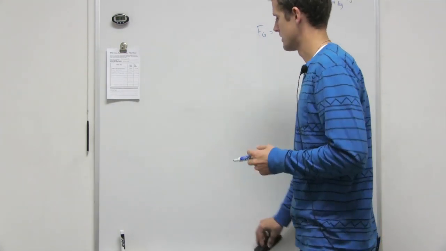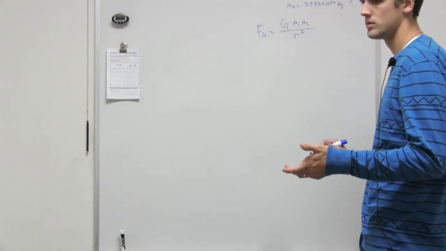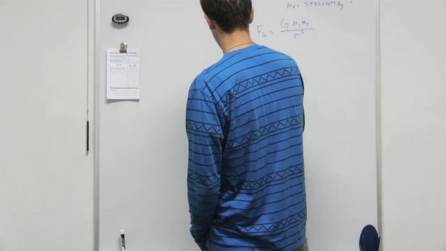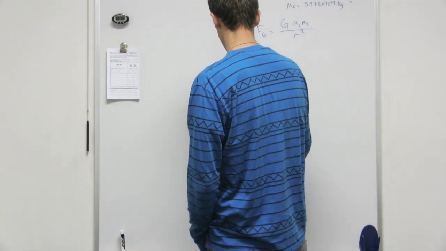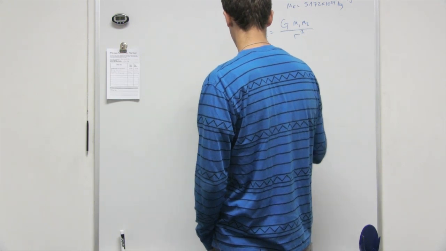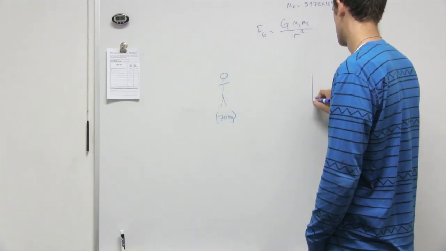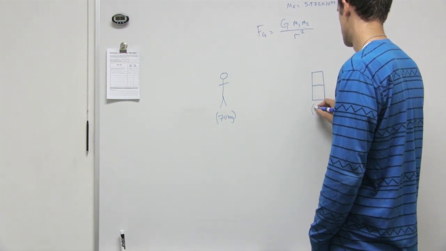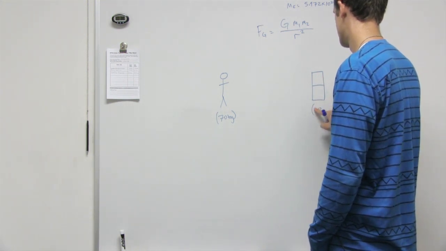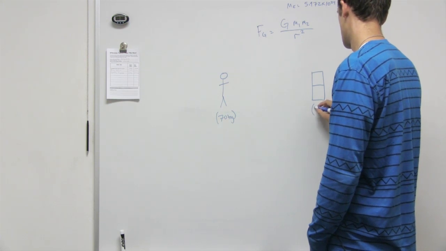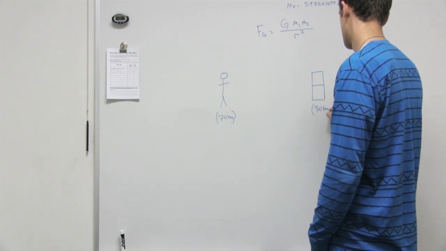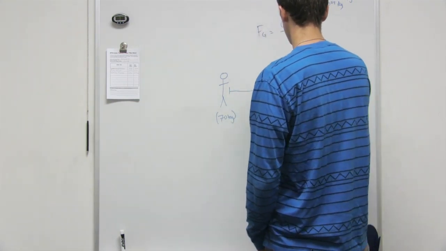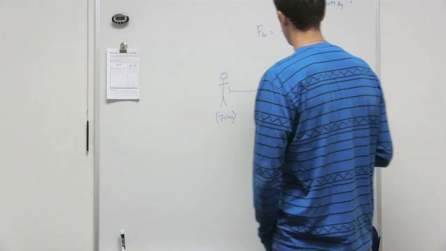So if you want to find the gravitational pull between somebody over here that weighs 70 kilograms and a refrigerator that weighs 30 kilograms, and they're 15 meters apart.